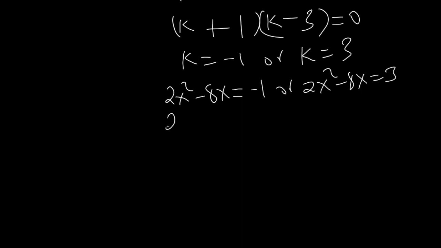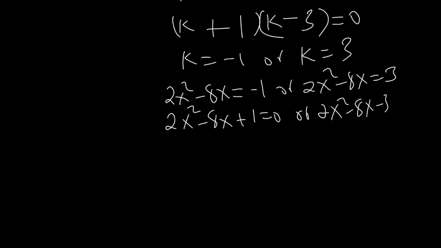We put everything in standard form of a quadratic equation: 2x squared minus 8x plus 1 is equal to 0, and 2x squared minus 8x minus 3 is equal to 0. From here, guys, you can use the quadratic formula, or if it's possible to factorize, we can factorize this and go ahead and solve for x.